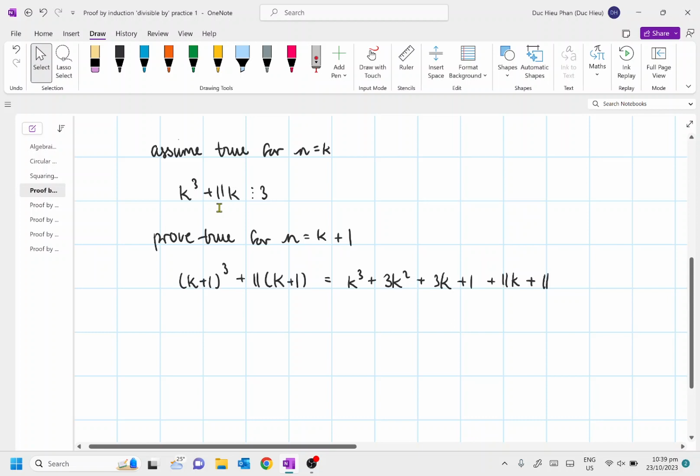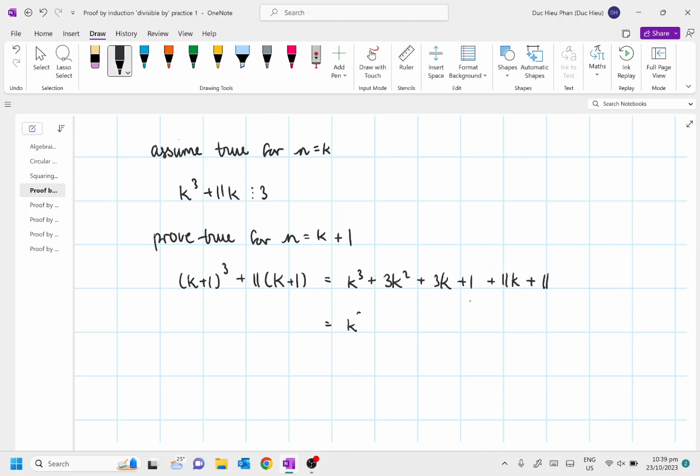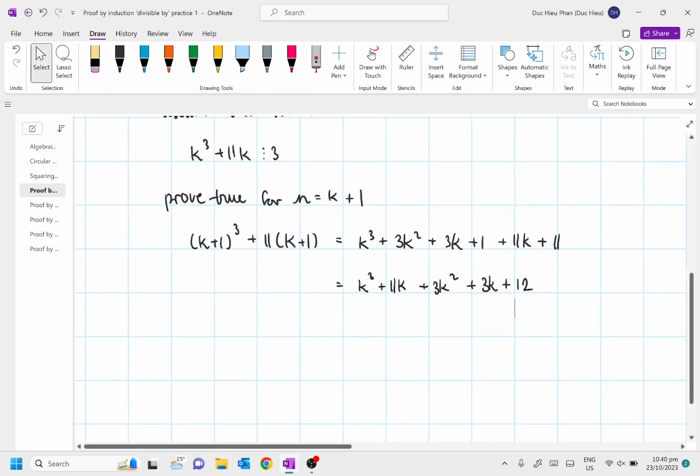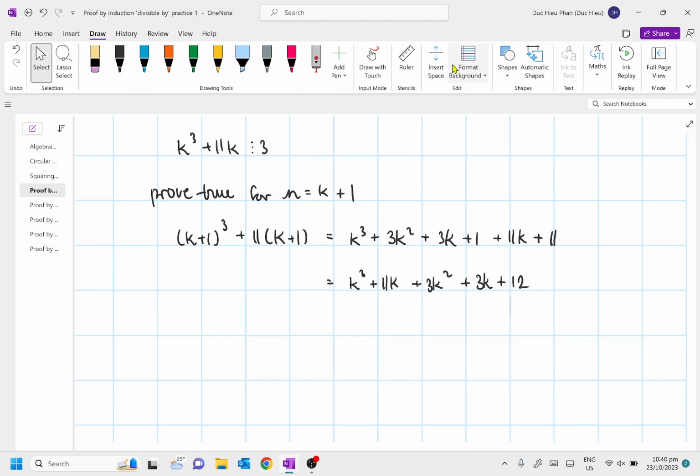And because we want to represent this down here, I'm going to rearrange this so that we can have the part from assume true for n equals k, and plus 12, because 1 plus 11. Okay.